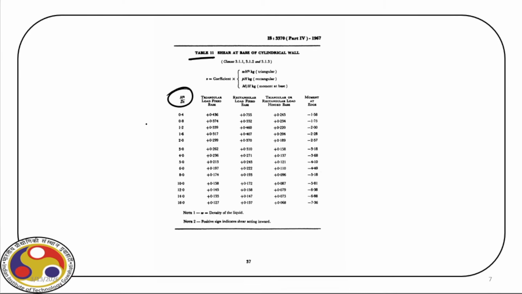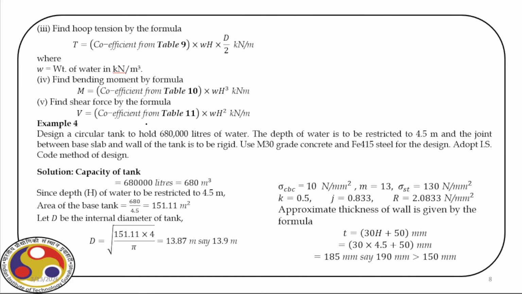Okay. Now with that, let us see the steps. So we find out the maximum tension, which is the coefficient from the table, times this in kilonewton per meter, then maximum bending moment, which is here, and then maximum shear force.